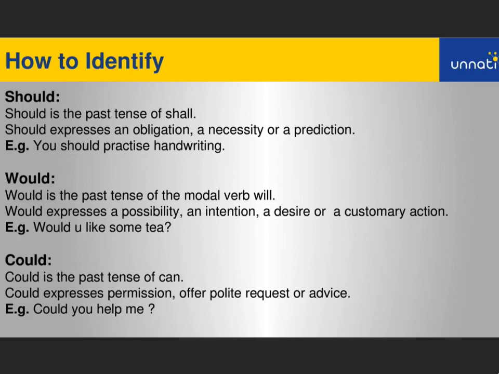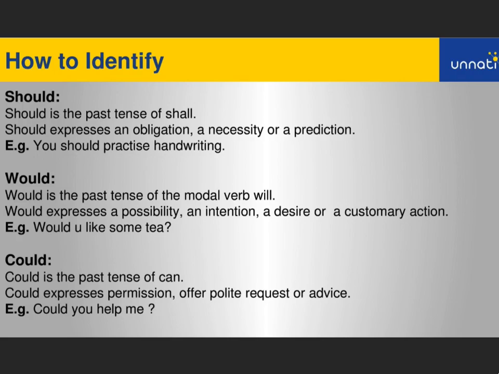Would, on the other hand, is the past tense of the modal verb will. So would expresses a possibility, an intention, or a desire. For example, would you like some tea? So it is expressing an intention.